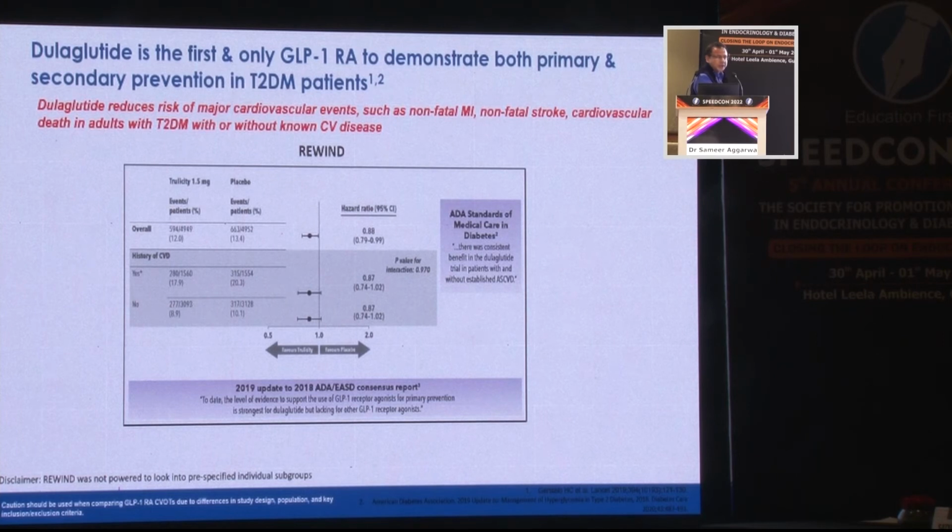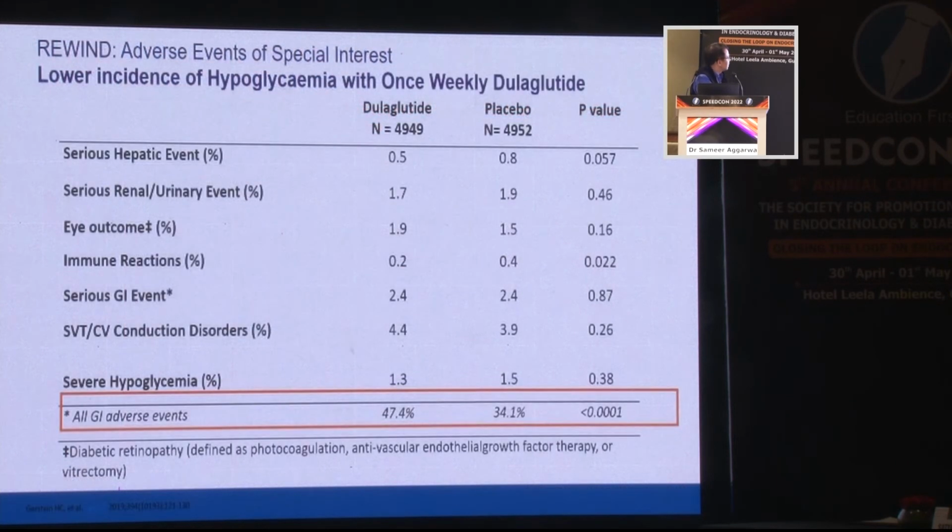So dulaglutide is the first and the only GLP-1 receptor agonist to demonstrate both primary and secondary prevention in type 2 diabetes management. It reduces the risk of major cardiovascular events in adults with type 2 diabetes. And if we talk about adverse events, they seem to be similar between most of the available GLP molecules.